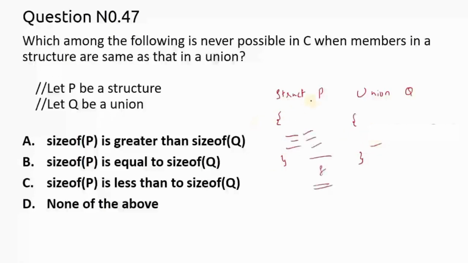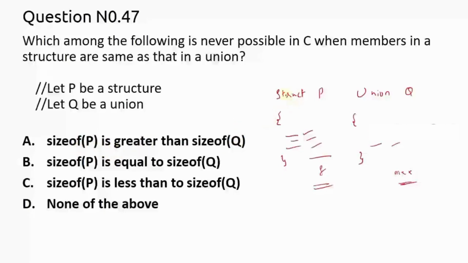So whenever it allocates memory for P, it will check each variable and its data type, and the total memory will be allocated separately. Whereas for the union, it will check the memory of each variable, and whichever is the maximum, only that will be allocated. Now if you see the first option, size of P is greater than size of Q. Maybe it is possible.